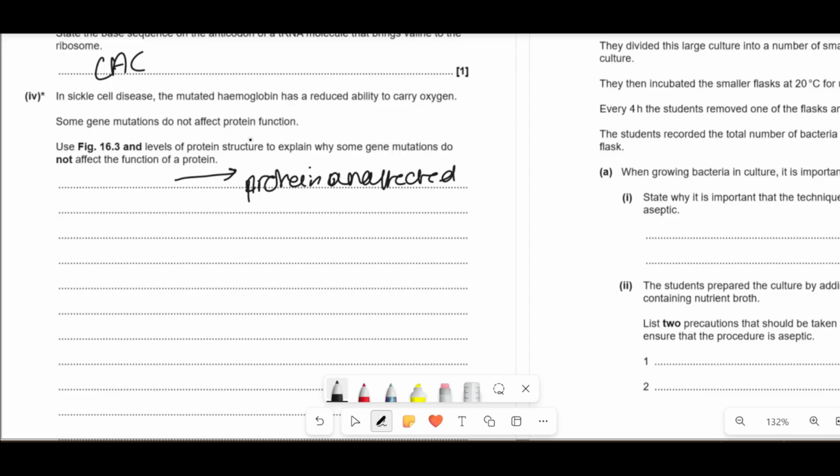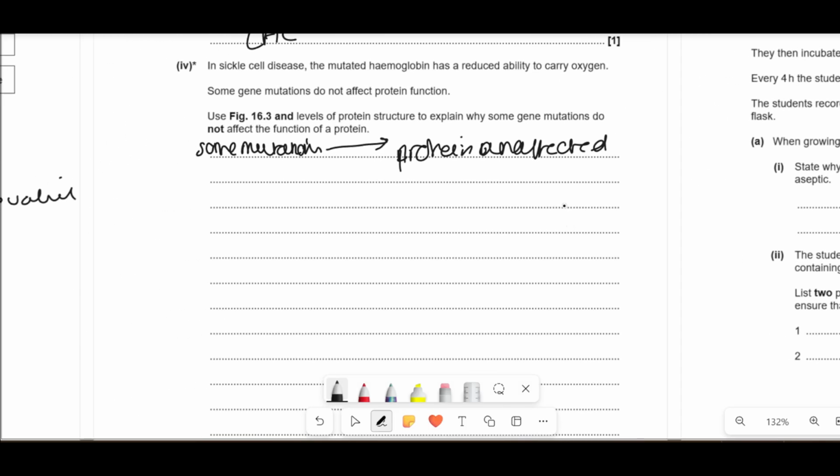Look at the facts of the question and then explain it. They've told you that the protein is unaffected, and you can have some mutations that do that. That seems really goofy, but this actually helps you frame your mind. Some mutations mean a protein's unaffected. Then you're like, oh yeah, it's all about that genetic code degenerate and all that kind of stuff. So now we have to explain why that might be the case.